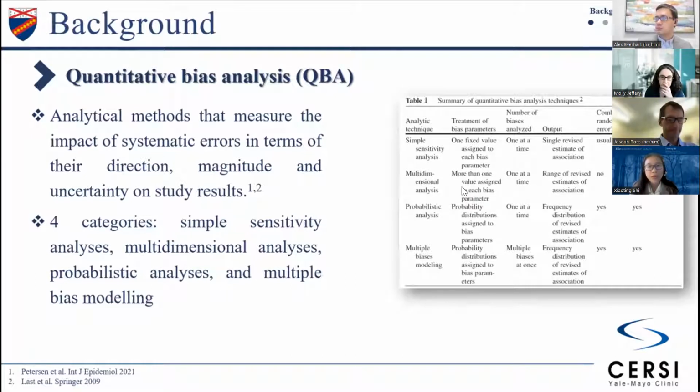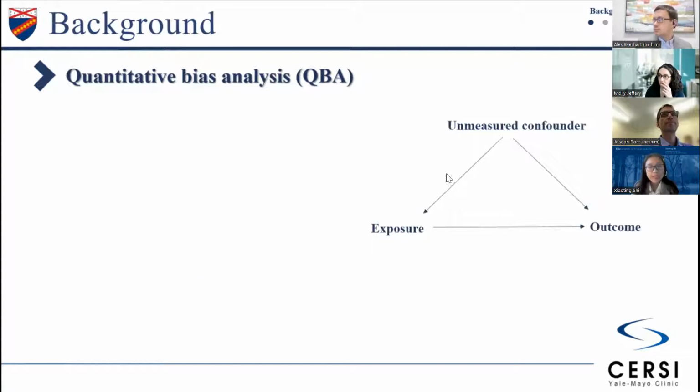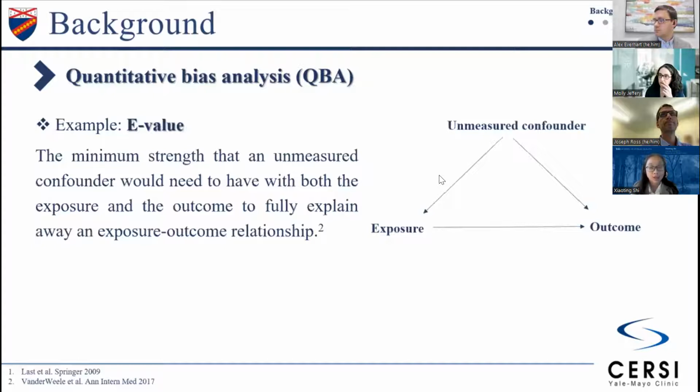And this table very well outlines the differences across these 4 approaches, which mainly is the number of biases they address at a time and how they assign values to bias parameters. But basically, some methods are simple and relatively straightforward to use, while other methods require more advanced modeling techniques. So let's take a look at a very commonly used QBA method called e-value.